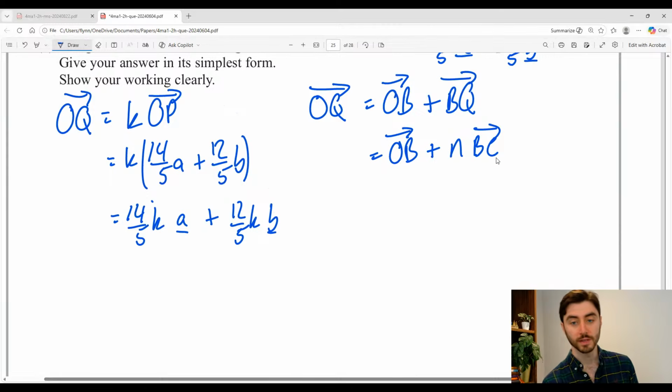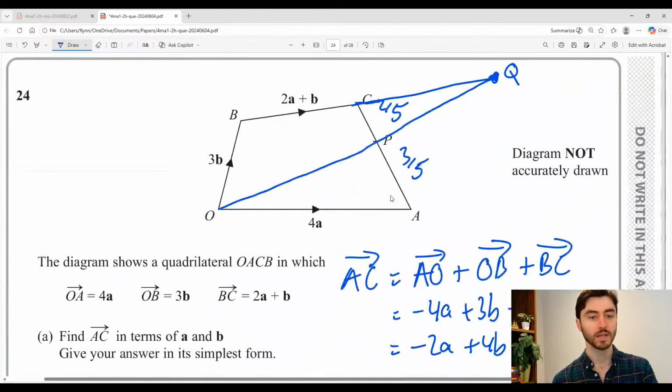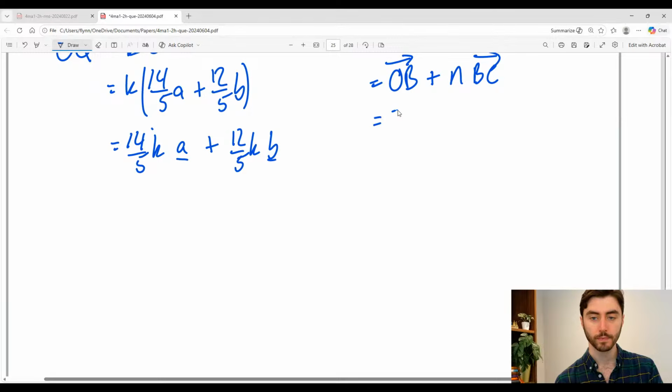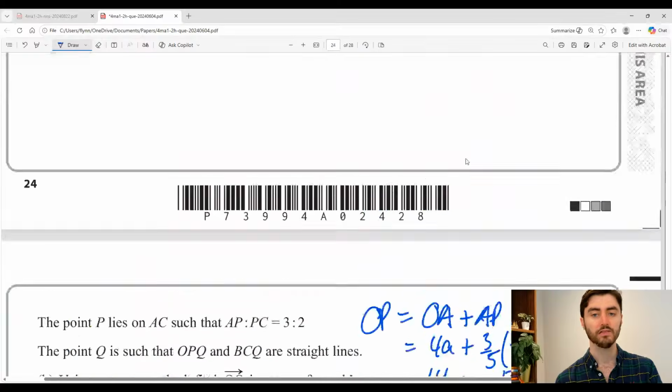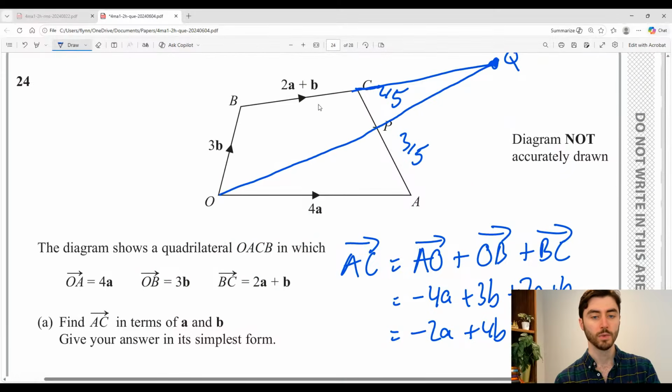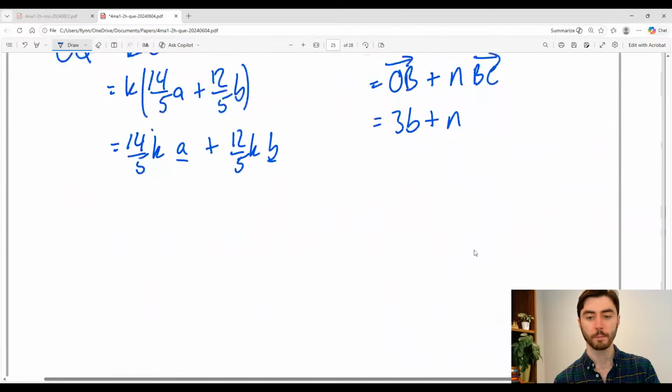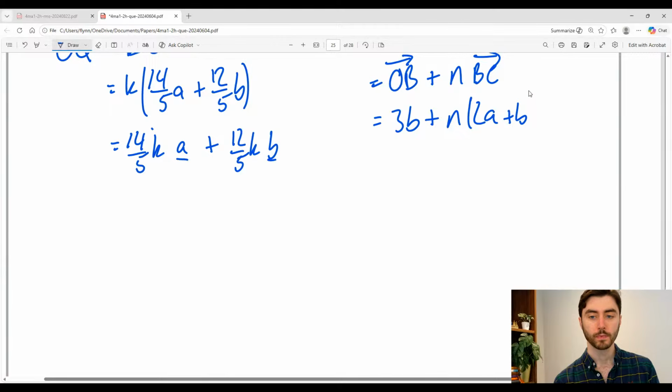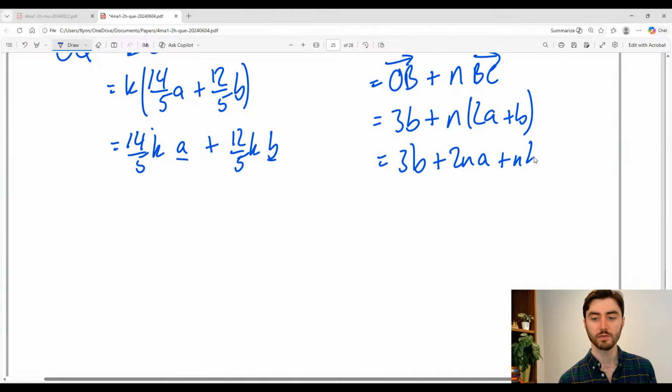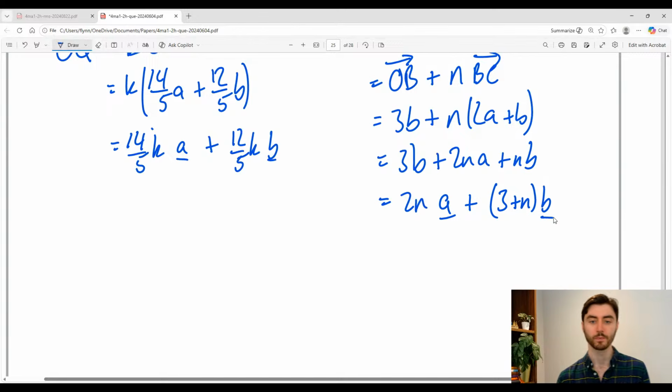Now coming over onto the second pathing, OB we saw is equal to 3B plus n lots of BC, which is 2A plus B. So if we expand this bracket out, we get 2n lots of A and n lots of B. And then if we group them by the A's and the B's, that's 2n lots of A and 3 plus n lots of B by taking the B out as a common factor.